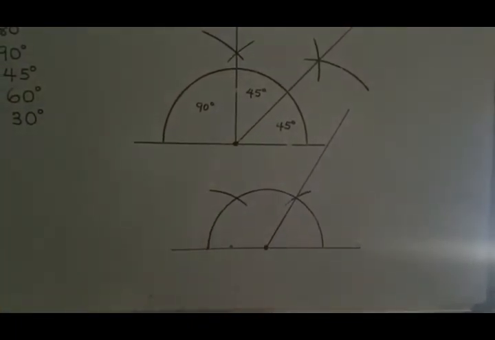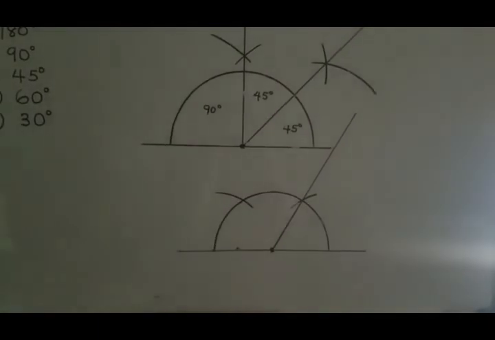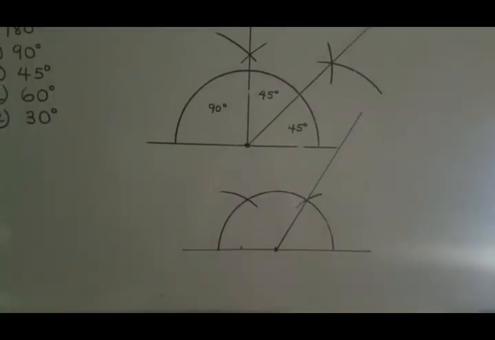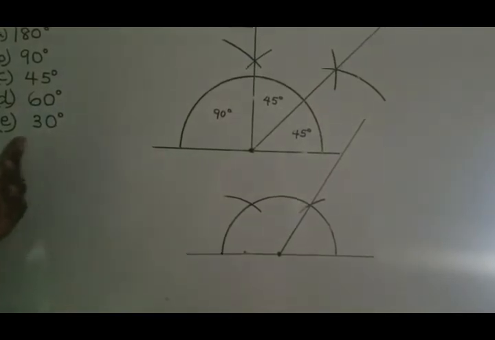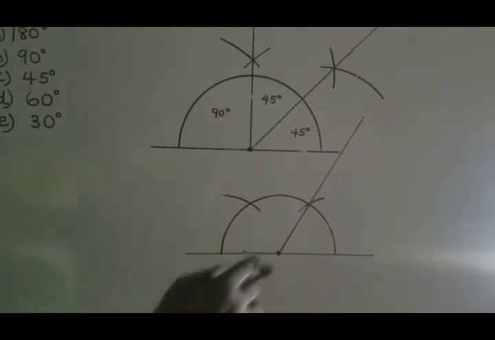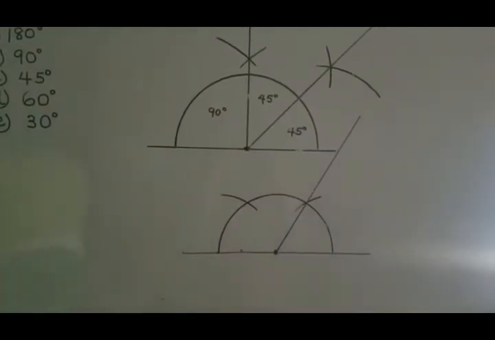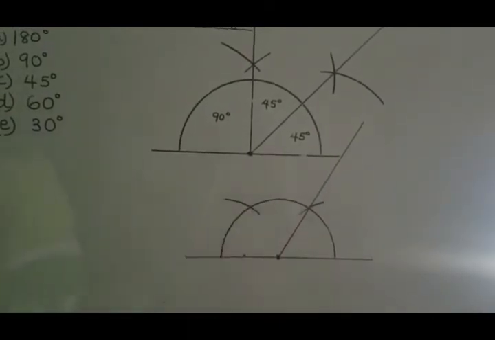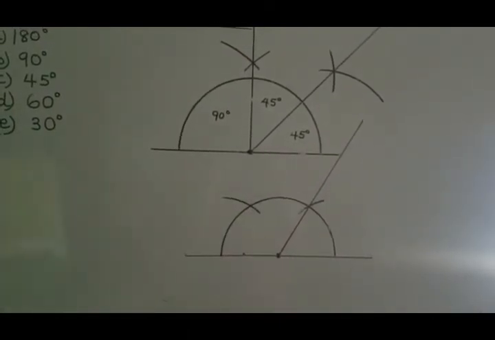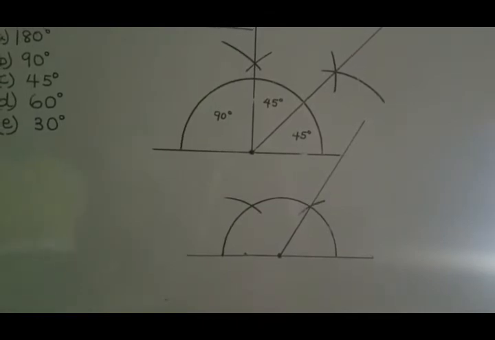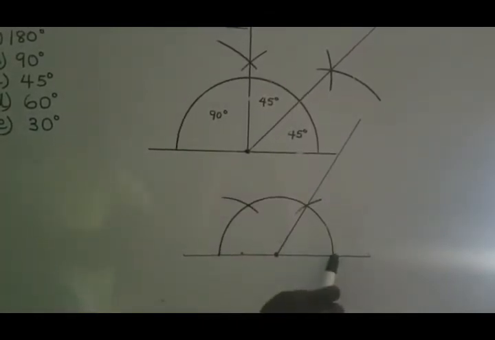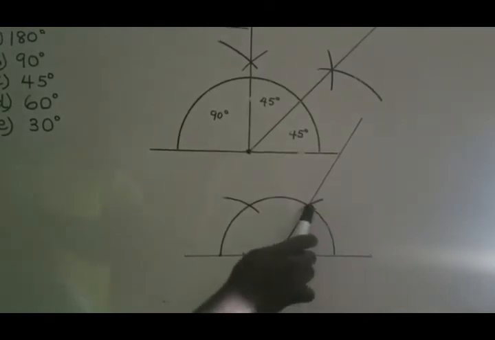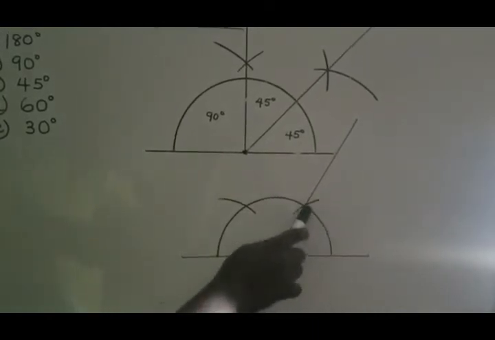Okay, now how do we then construct 30 degrees? Good, by bisecting 60 degrees. These are 60 degrees, and if we bisect 60 degrees, that means we are going to get 30 degrees. Remember that our 60 degrees is from this point to this point.